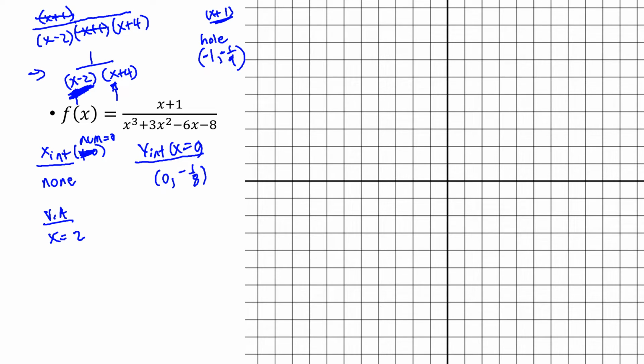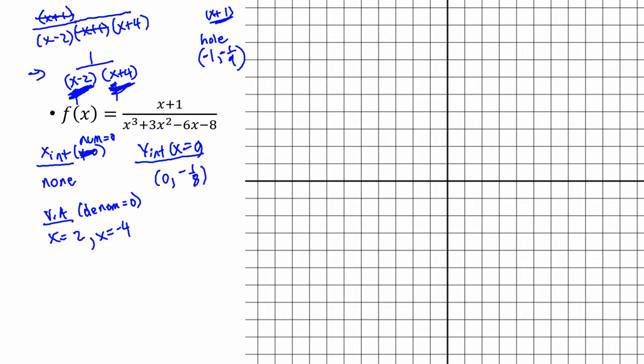Similarly, for this next factor, x plus 4, if x is equal to negative 4, then we're going to have 0 in the denominator. So again, for our vertical asymptote, we're going to make sure to check for values that make our denominator equal to 0.